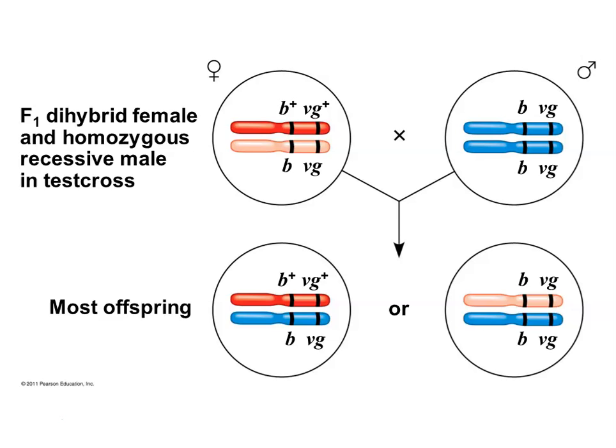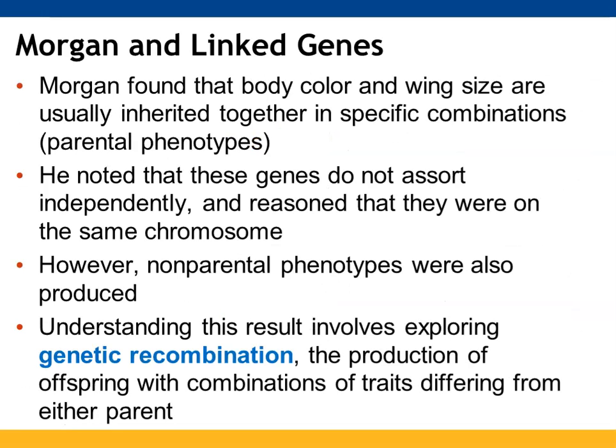So here you see the different combinations that you could get from that F1 dihybrid female along with the recessive male. You could have the b+ and the vg+, if these are truly genetically linked, go off with the mutant b and vg from the male, or you could have both chromosomes carrying mutant alleles passed on to future offspring. And so when the alleles were passed on in these specific combinations, they were not assorting independently from one another.